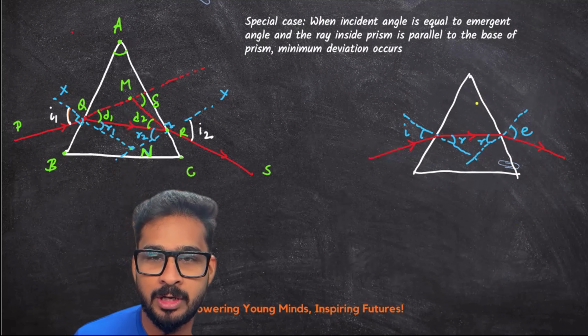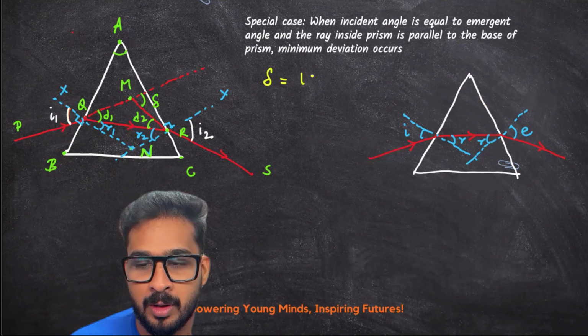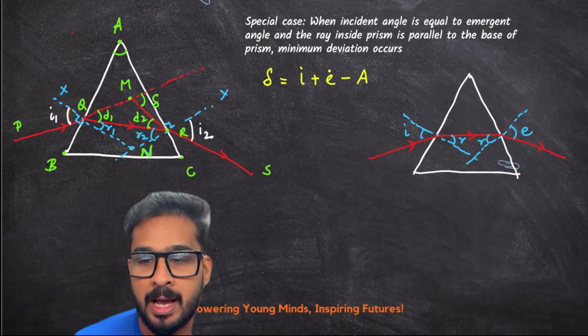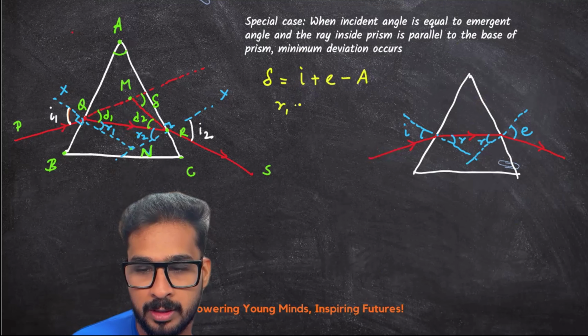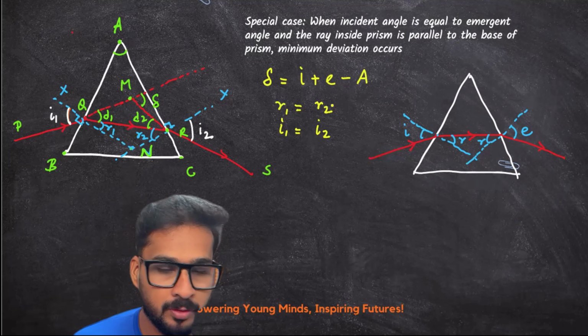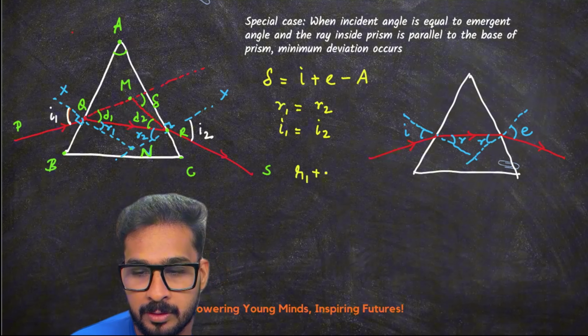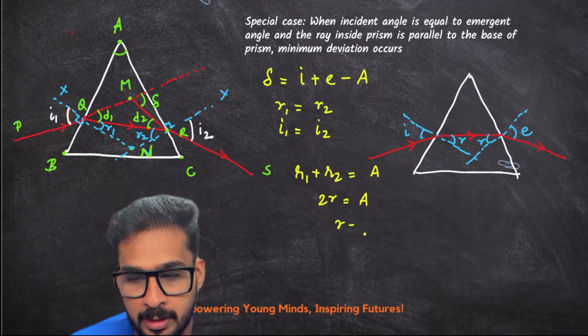Now let us proceed to derive the minimum deviation. We know the prism equation delta is equal to I plus E minus A. The minimum deviation occurs when I is equal to E and R1 is equal to R2. So R1 can be written as R2, and I1 is equal to I2. So from here I can tell R1 plus R2 is equal to A. So I can write 2R is equal to A and R is equal to A upon 2.